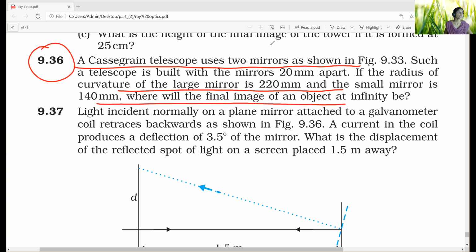Such a telescope is built with mirrors 20 mm apart. If the radius of curvature of the large mirror is 220 mm and the small mirror is 140 mm, where will the final image of an object at infinity be? So let us solve 9.36.